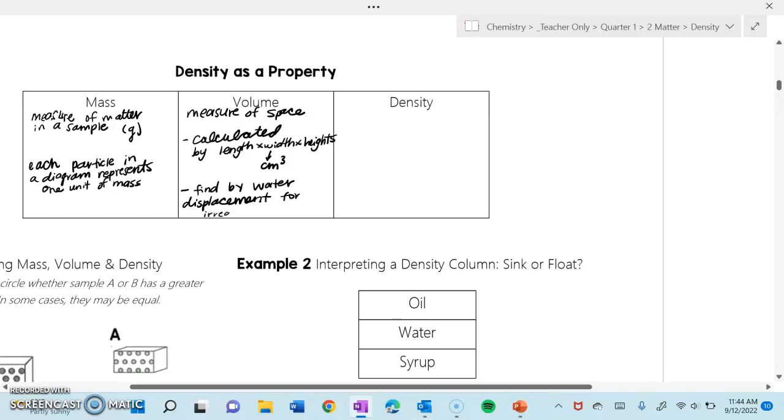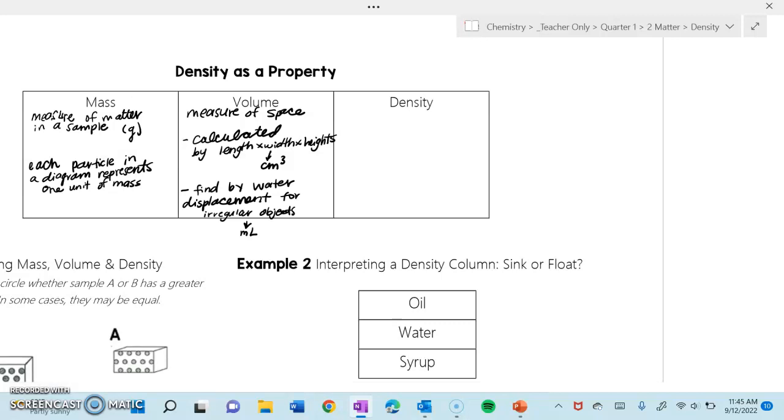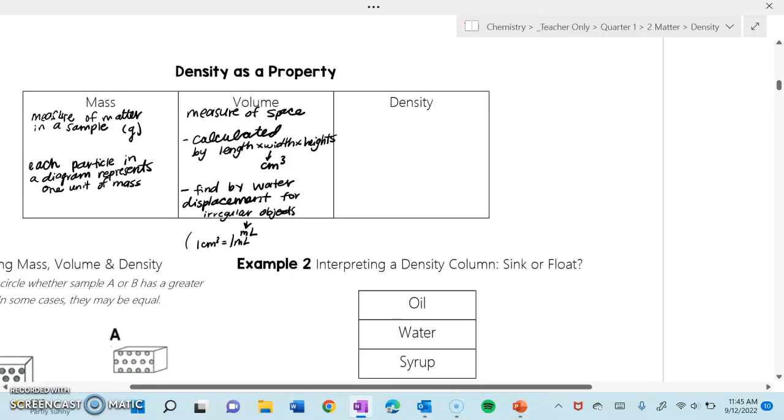And when we measure it this way, then our volume is in milliliters. And just for your information, 1 centimeter cubed and 1 milliliter are exactly the same amount of space. So you can use those interchangeably really well. So note here, 1 centimeter cubed is actually defined as 1 milliliter. So both of them are telling you the same amount of space.